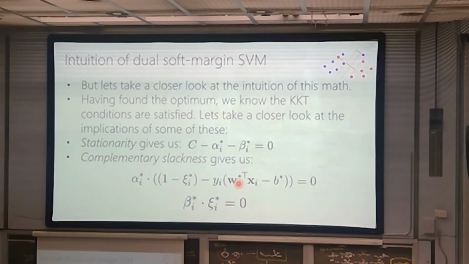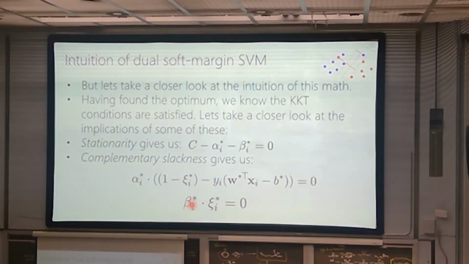It was only an inequality constraint, but if it's equal, then this whole thing is 0. So what complementary slackness is getting at, intuitively, is whether that constraint has been pushed to the edge or not. If it's been pushed to the edge, then this thing is 0, and otherwise this thing is 0. So it lets us get a sense of when things are being pushed to the edge.